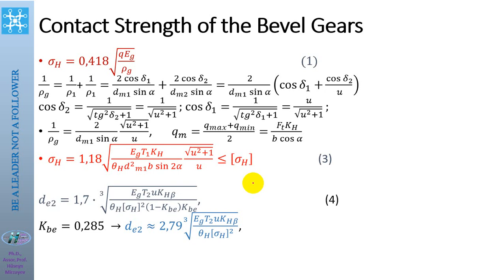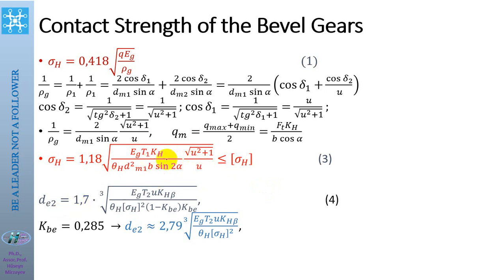KH alpha is the factor taking into account the distribution of the load between the teeth, and KH beta takes into account the distribution of the load along the teeth. These are also called concentration factors, and KHV is the dynamic factor.